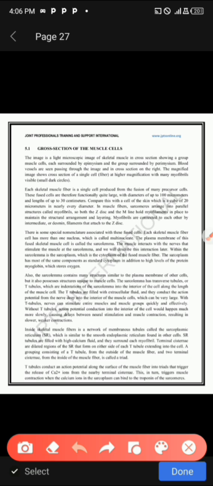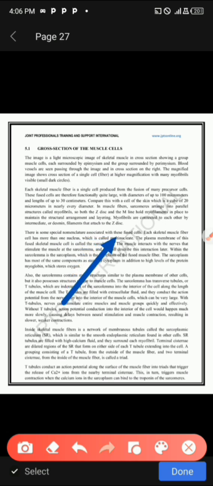This is some of the special nomenclature associated with this fused cell. Each skeletal muscle fiber cell has more than one nucleus, which is called multinucleated.